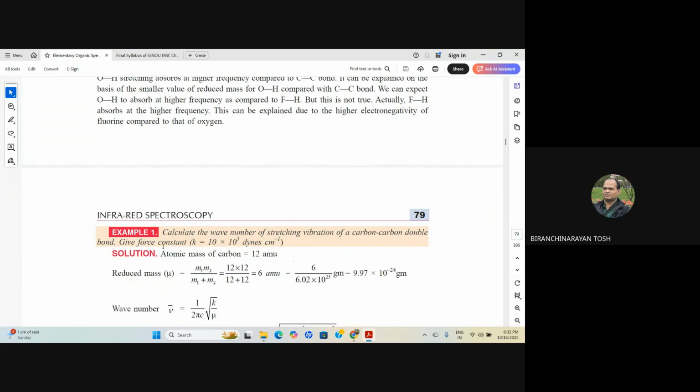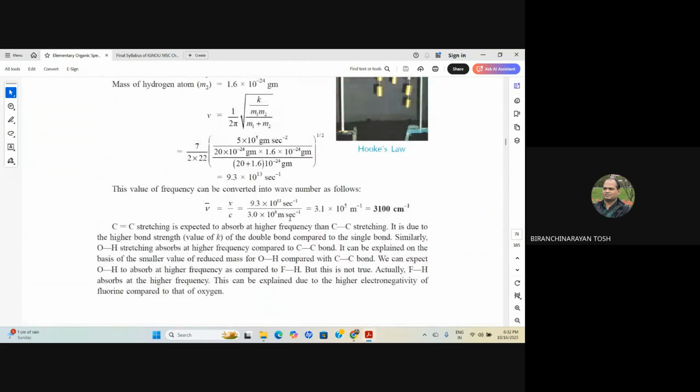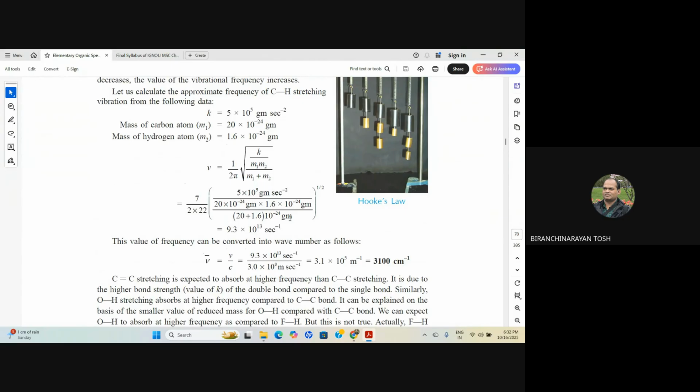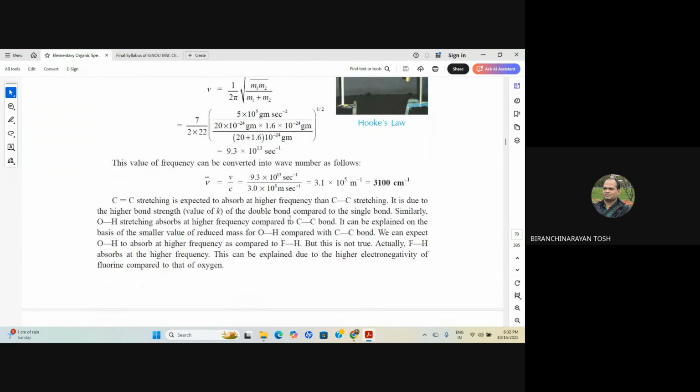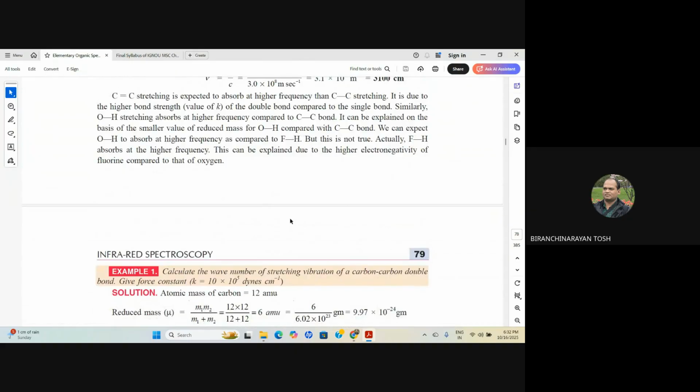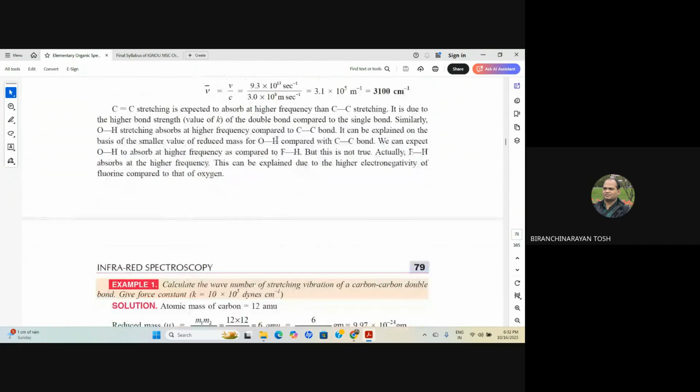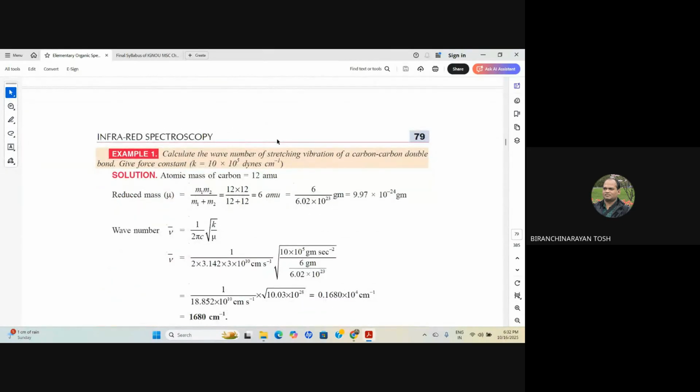So here it is written, carbon-carbon double bond. In this example, force constant is given K equal to 10 into 10 to the power 5 dyne per centimeter, and this one gram per second square. Both are same, the unit is same. Gram per second square or dyne per centimeter is having same unit of force constant. Convert it, you will get the same one. So if you have the mass and using that formula, you can find out the vibrational frequency.